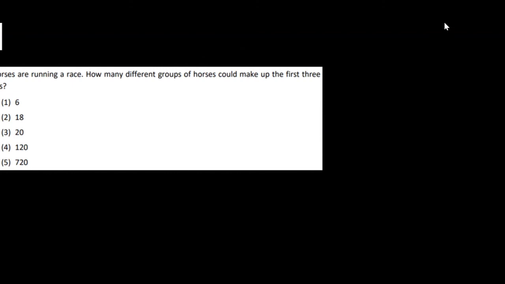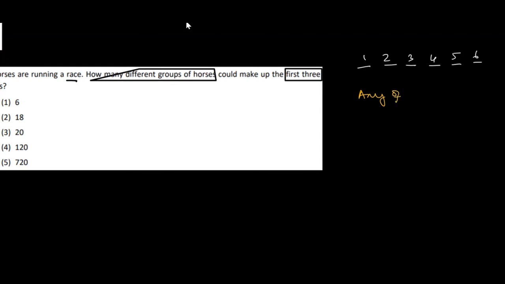In the next question, we are told that there are 6 horses that are running a race. How many different groups of horses could make up the first 3 places? So that means we have 6 horses, 1, 2, 3, 4, 5 and 6, and the first position can be taken up by any one of the 6.